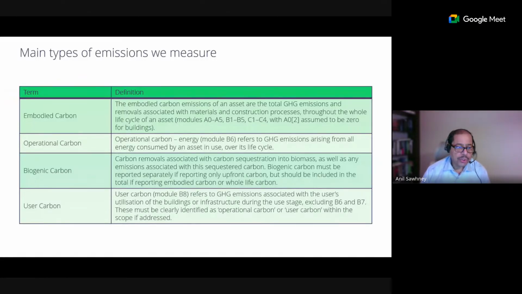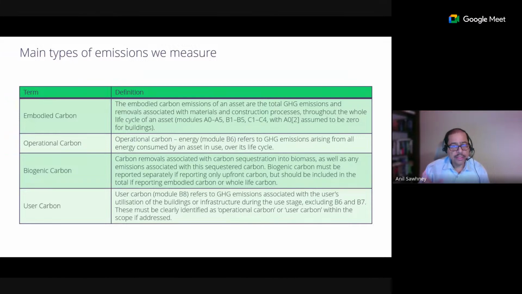The embodied emissions are, from a project or an asset, the total GHG emissions, measured in CO2 equivalent, the emissions and removals associated with materials and construction processes. Okay, so all emissions related to the product manufacture and construction processes are called embodied carbon.